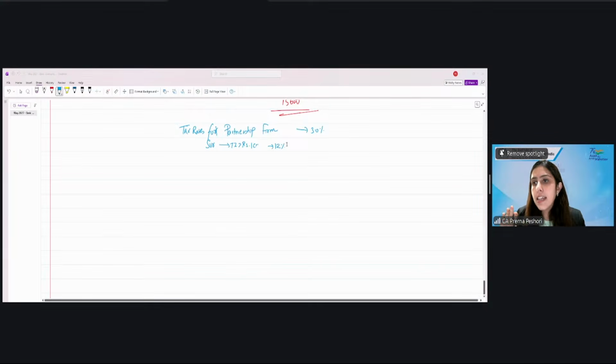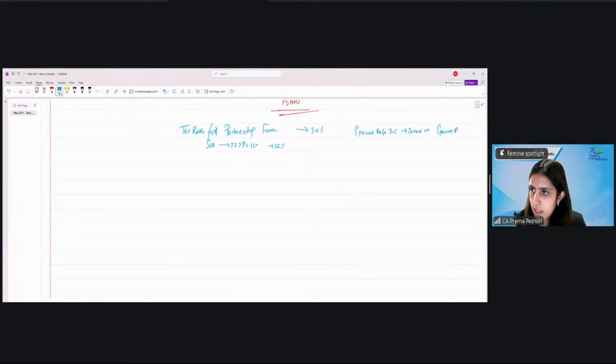And in case there is income chargeable under the special rates like LTCG, STCG, then that will be separately charged under those sections. So any special rate income is taxed at special rates.